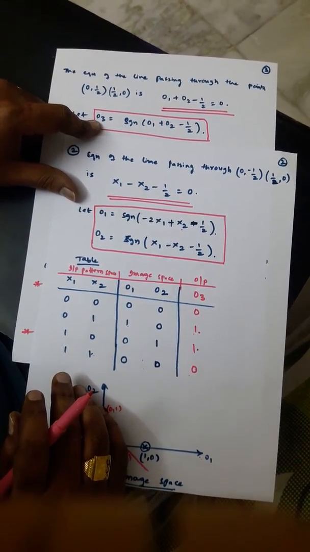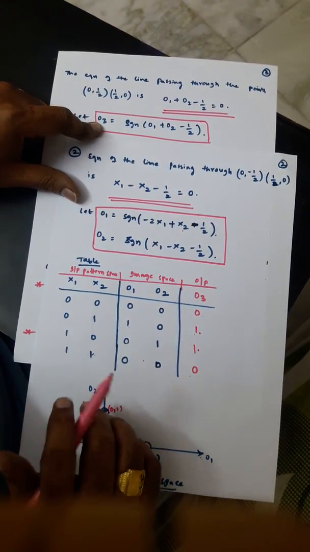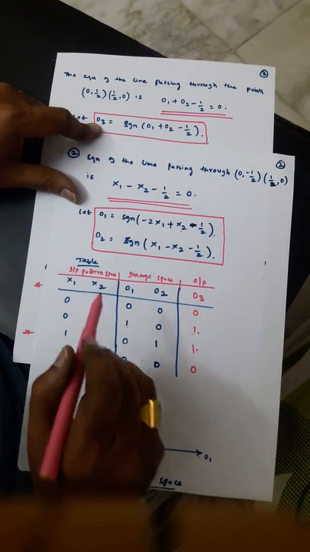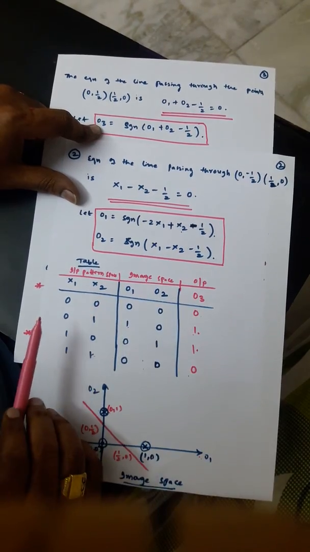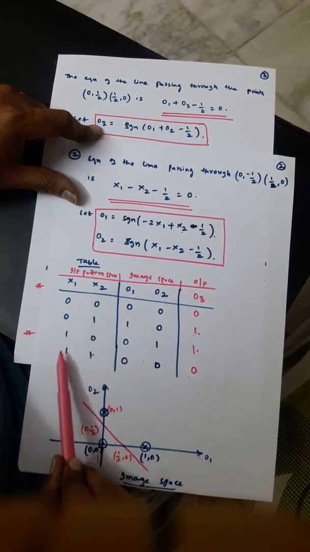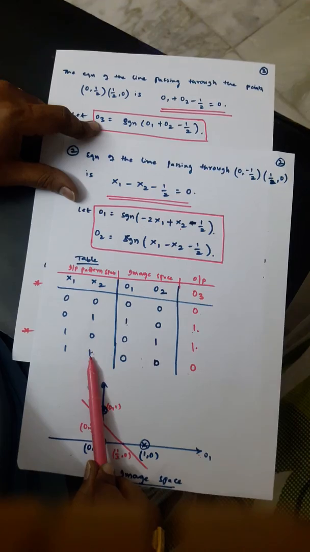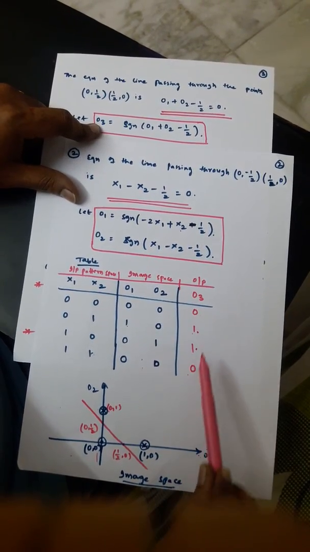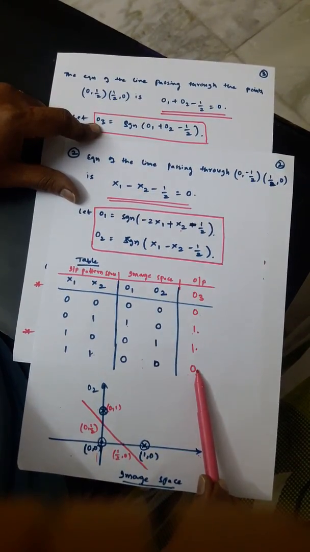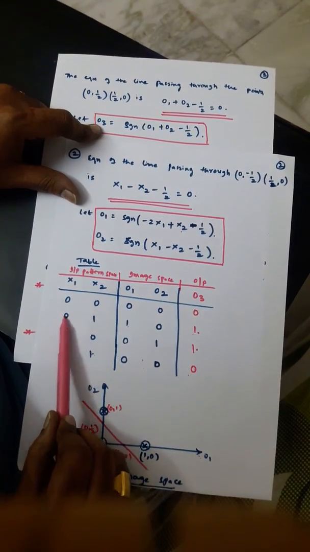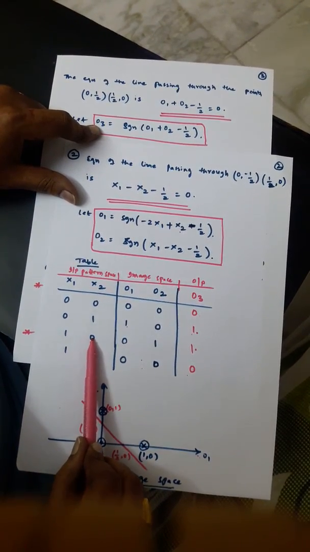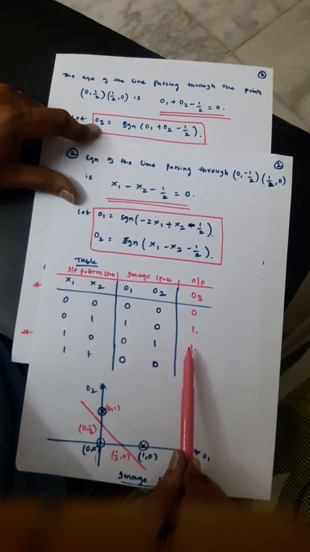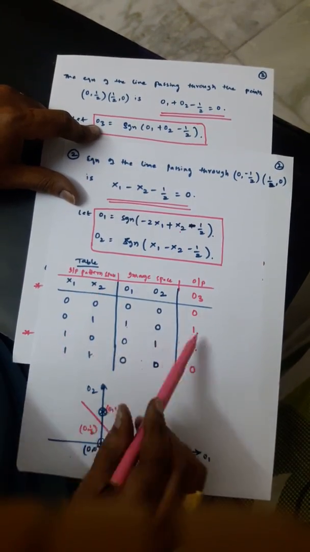So if you can see here, the XOR output for 0 0 and 1 1 as inputs should be 0 0, and when 0 1 and 1 0 are the inputs, the outputs are 1 and 1. Got it, all of you?